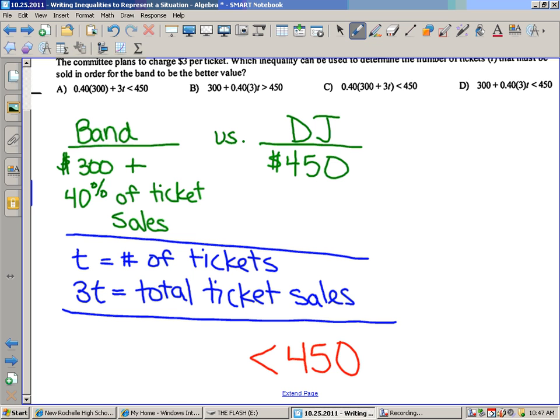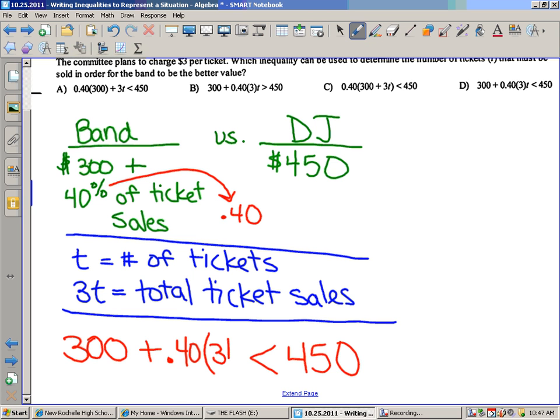Now, how are we going to represent the band? Do we have to pay the band any money at all? How much do we have to pay him? We got to pay him $300. And then they asked for this shady little side deal. What did they want? 40%. How do we write 40% as a decimal? They wanted 40% of the ticket sales.